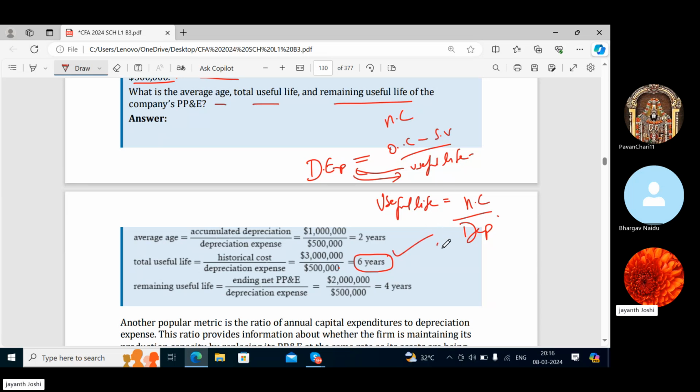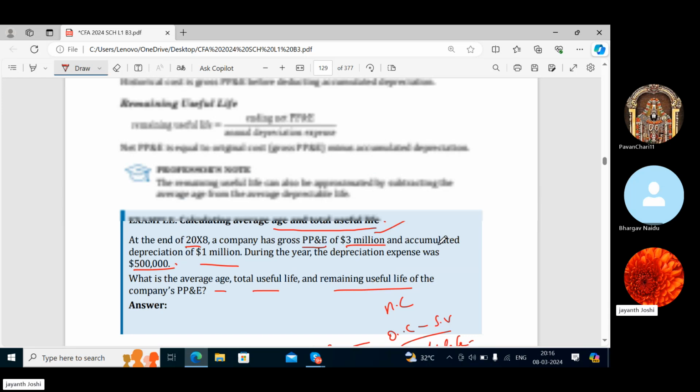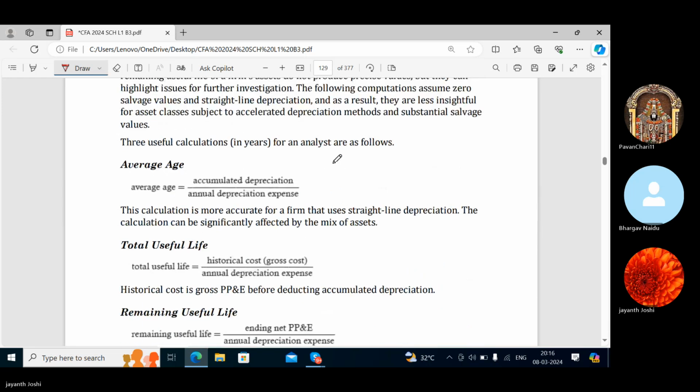Now, what is the average age? There's a formula for average age: accumulated depreciation by annual depreciation expense. Accumulated depreciation is nothing but every year's depreciation accumulated. Let's say 50,000 is what I have accumulated and my annual depreciation is 10,000. So my average age will be 5 years.